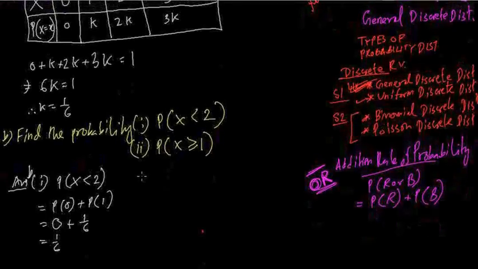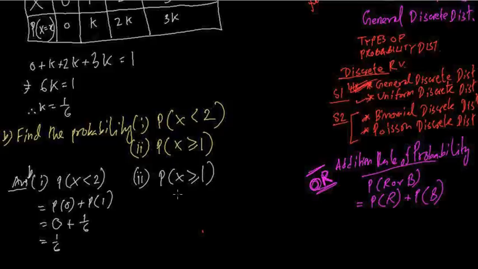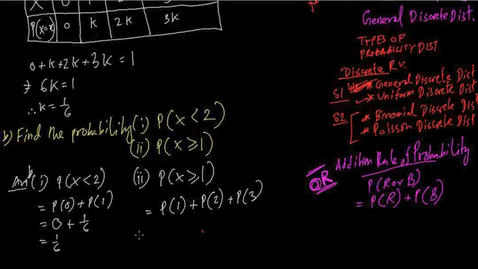Now let's do the next one. I recommend you do one below the other. That is the proper way of doing it. I'm doing it in this way because of space. So the next one is probability of x is greater than or equal to 1. So that means 1 would be included because it is equal to 1, plus it would also be 2, plus it would also be 3. So we just add up the probability.